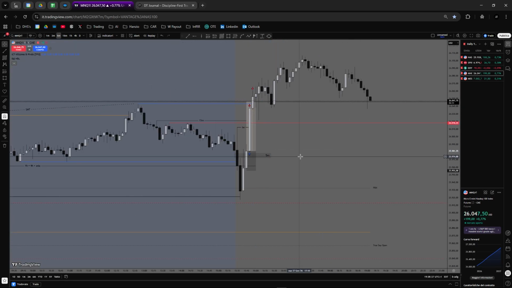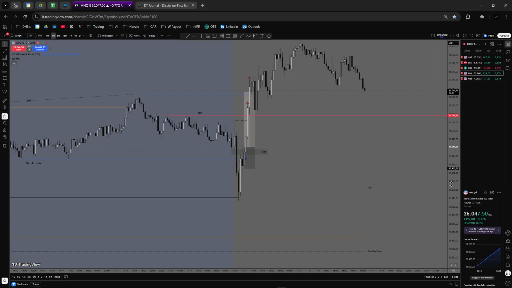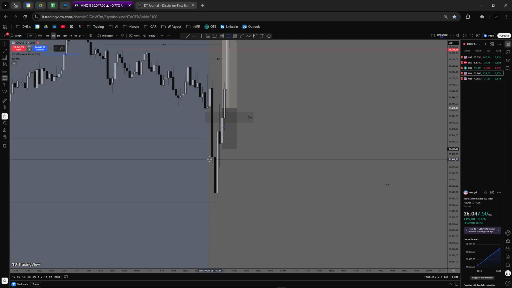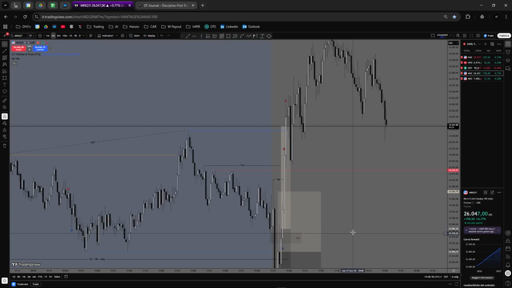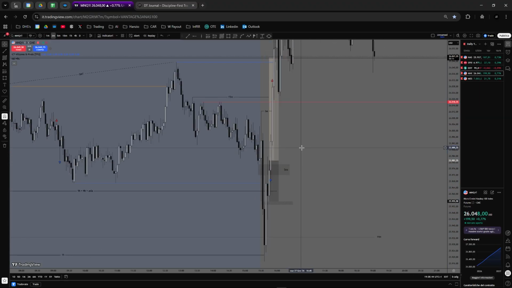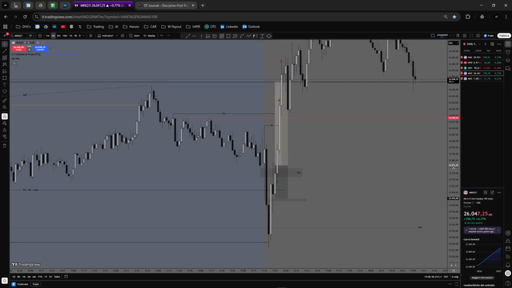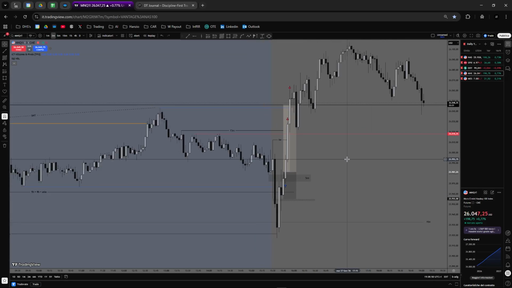So first of all, we made this 3 minute here, and this was the first idea, taking this trade right there. Okay, 2.03 RR, but this was 2.53 RR, so even higher RR.